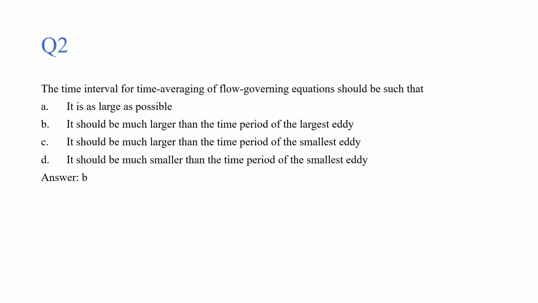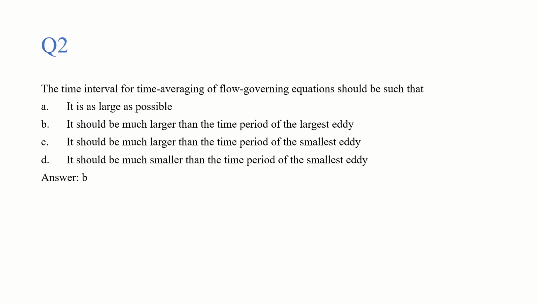When we are dealing with turbulent flow, the Navier-Stokes equation and the conservation of mass equations need to be solved on very small grids, because only then can we capture the eddies.